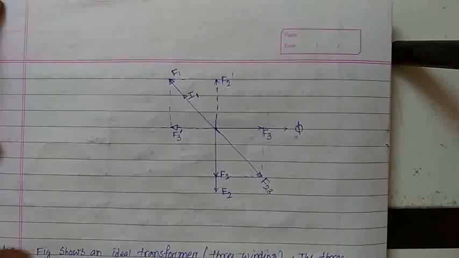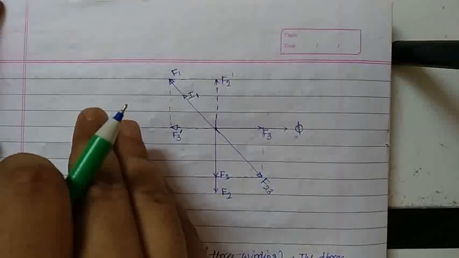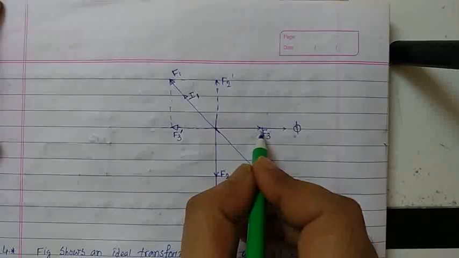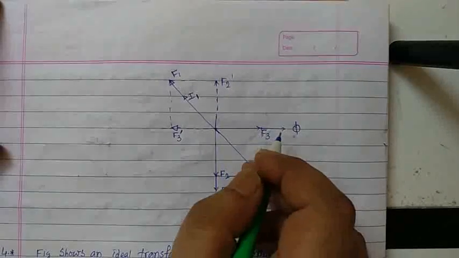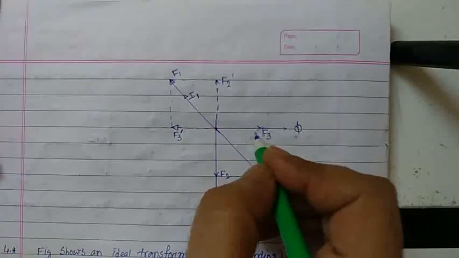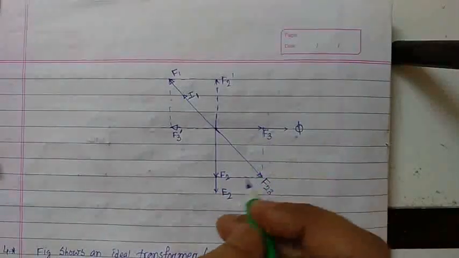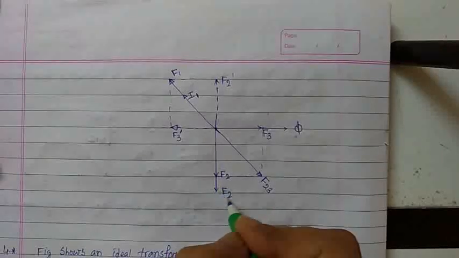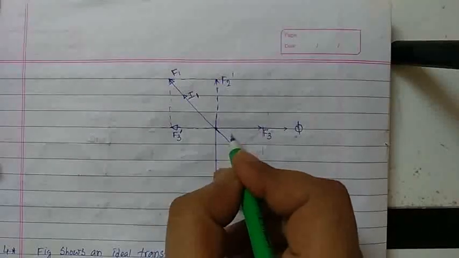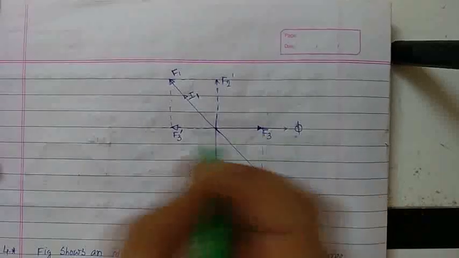Again, the tertiary winding is connected to a purely capacitive load, so it must lead by 90 degree from E3, as it is a capacitive load. So F3 is actually in phase with phi.